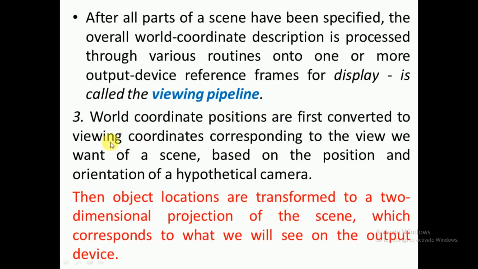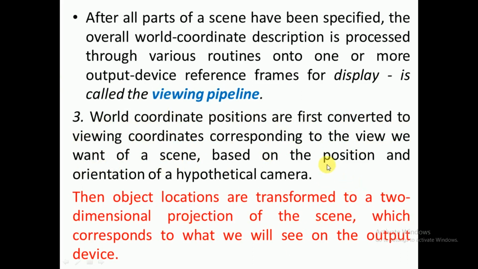Right? Then what happens? World coordinate positions are first converted to viewing coordinates. Now local coordinate to world coordinate, then world coordinate to viewing coordinate will be converted. In the third stage, world coordinate positions are first converted to viewing coordinates corresponding to the view you want of the scene. Means in world coordinate, some image is there, a cycle is there.